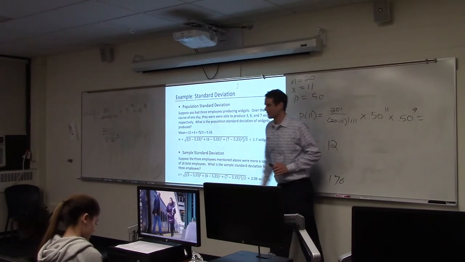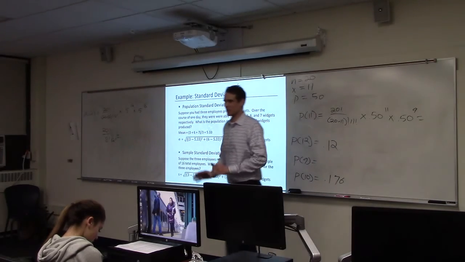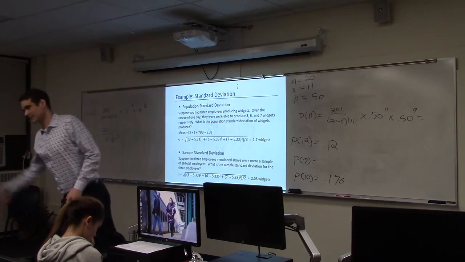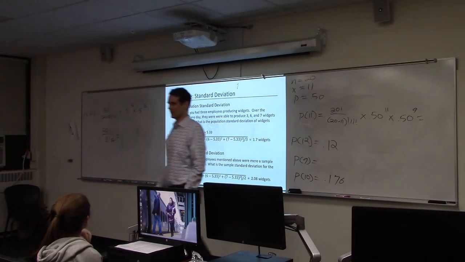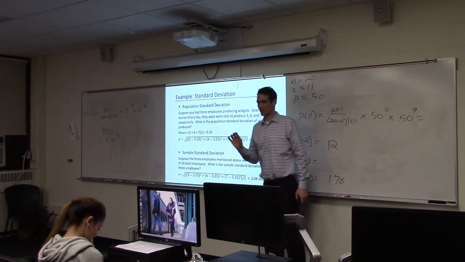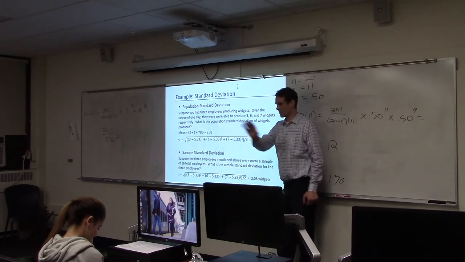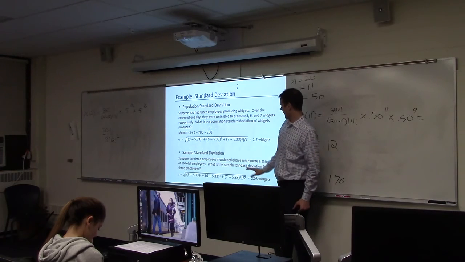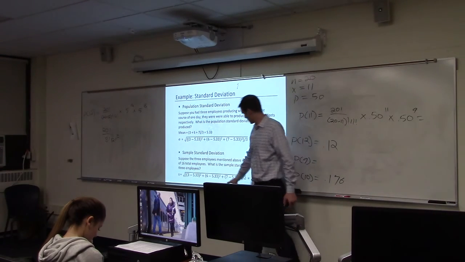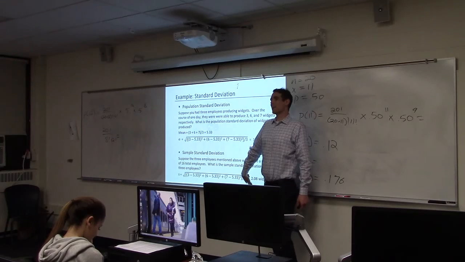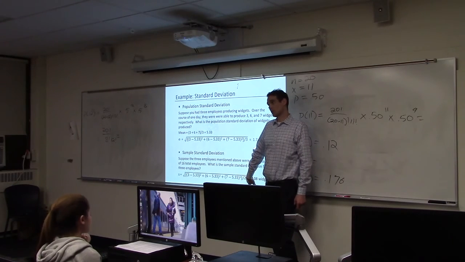Suppose instead that these 3 employees were just a sample out of 10,000 employees, and I want to calculate the sample standard deviation of these 3 employees. I do it in a very similar fashion, except I divide by n minus 1, which is 2.